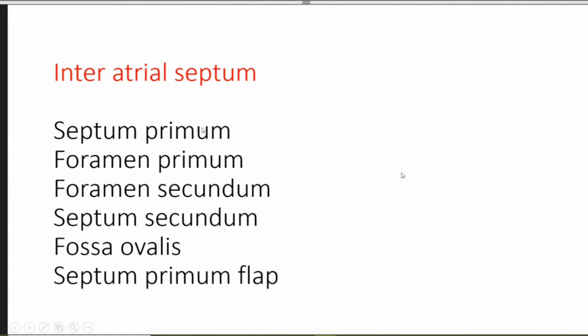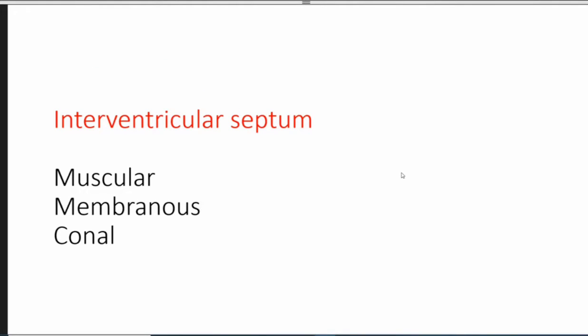Interatrial septum has septum primum, foramen primum, foramen secundum, septum secundum, fossa ovalis, and septum primum flap, in the order of formation. Interventricular septum is contributed by a muscular septum, a membranous septum, and a conal septum.